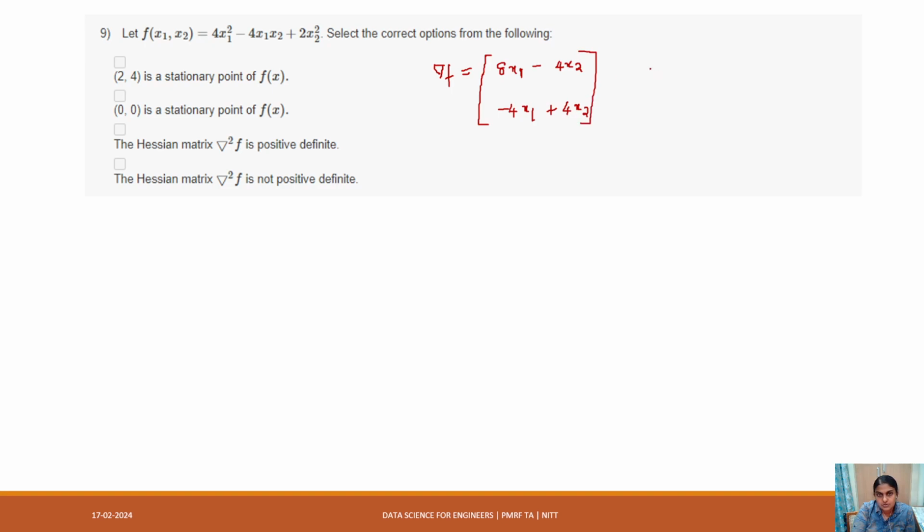Another thing, you can find out which is the stationary point. If you get 2x1 minus 4x2 equal to 0, and minus 4x1 plus 4x2 equal to 0, if you solve that, what answers will you be getting?